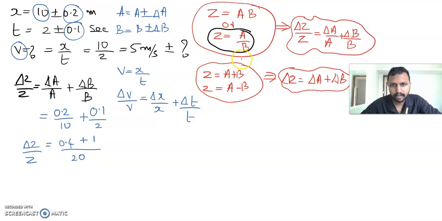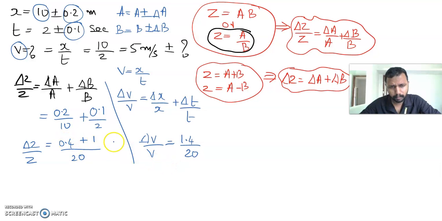Since A by B is replaced by x by t, we write it like that, and we substitute delta x as 0.2. Ultimately we get delta v by v is equal to 0.4 plus 1, that is 1.4, divided by 20.